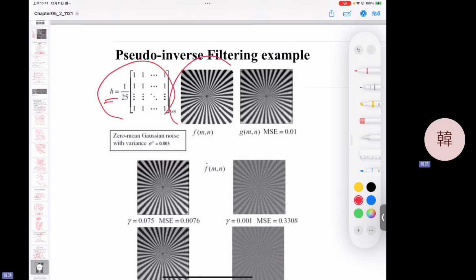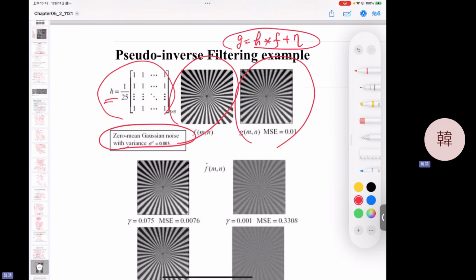So F is the original image, G is the blurred image. So G equals H combined with F plus some eta. Eta is the zero mean Gaussian noise with a variance of 0.00-something, a very small one, very small Gaussian noise.